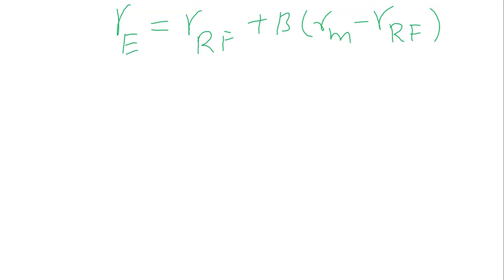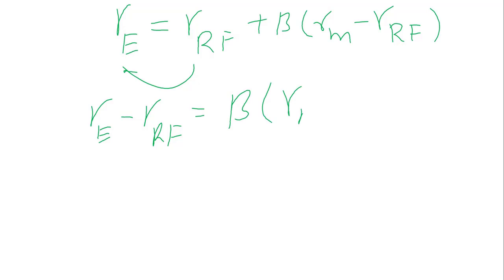This equation can be rewritten by taking the risk-free rate to the left side, so it becomes return on equity minus the risk-free rate equals beta times (RM minus RF).